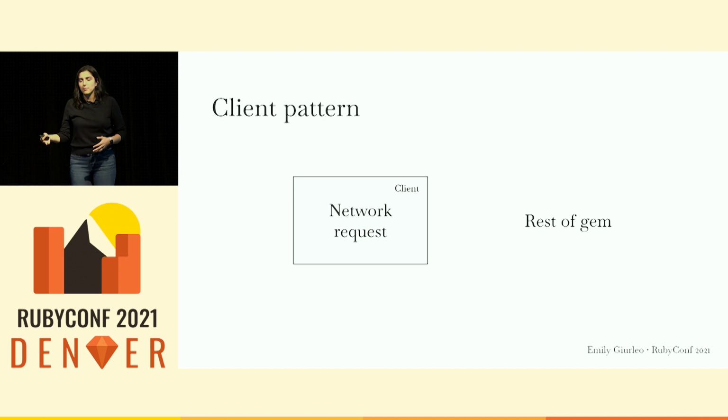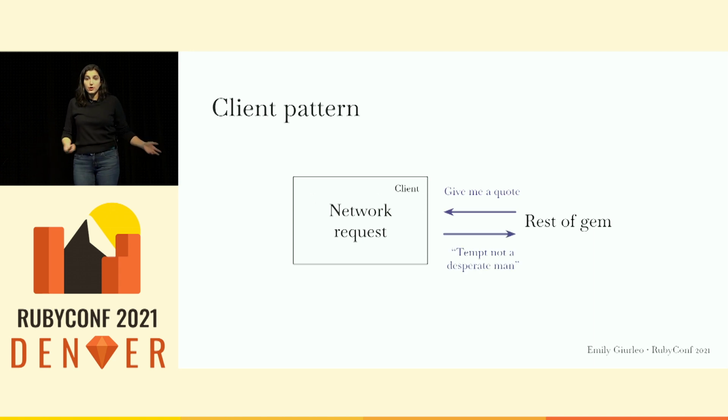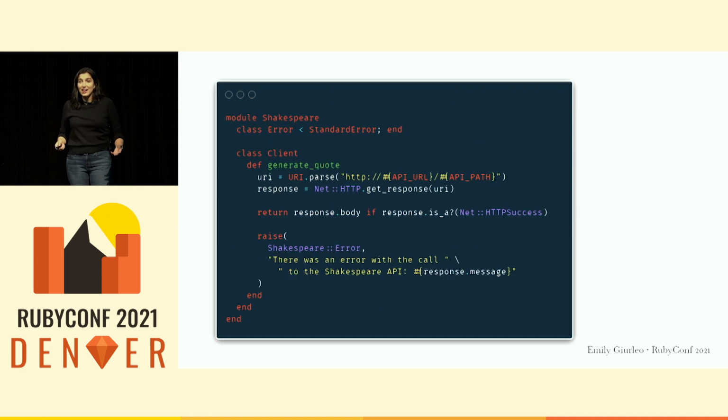Now, instead of our gem, and by extrapolation, our tests having to know the exact implementation of our network request, all it needs to know is that there is a method on this class where it can say, hey, give me a quote, and the class will give it back a quote. This also makes it really easy to test, which I'll talk about in a second.